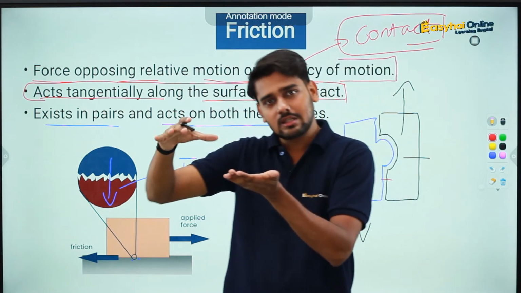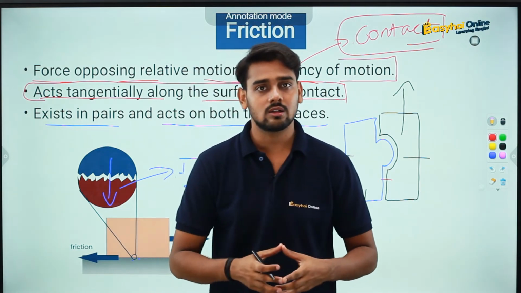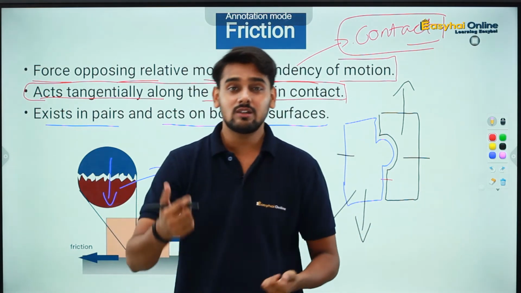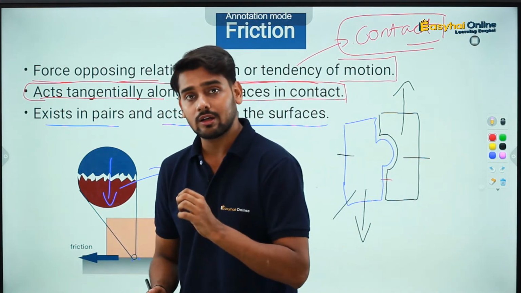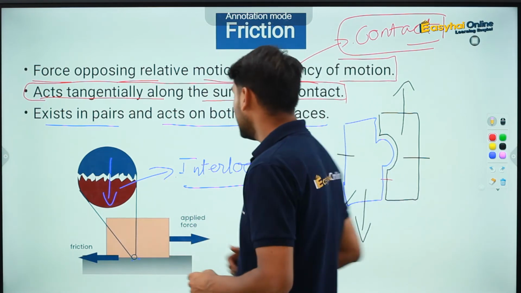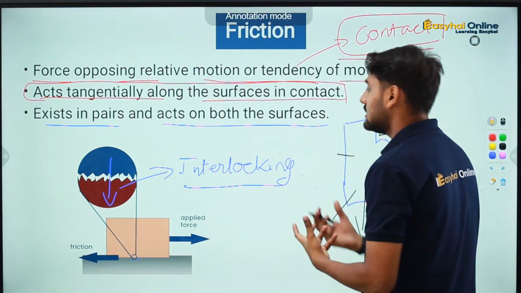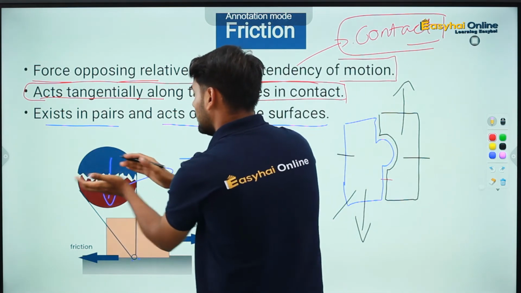Even the perfect glass that you see as very smooth actually has some irregularities. For example, the mobile screen feels very smooth on our fingers, but still there are irregularities on a very molecular level.